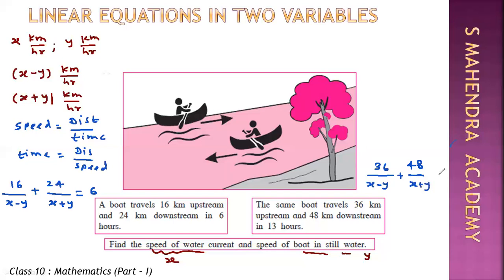So the total time will be 13 hours. So in this way, we have got two equations, equation number 1 and equation number 2. After solving these two equations simultaneously, we can find out the unknowns, that is speed of water current and speed of boat in still water.